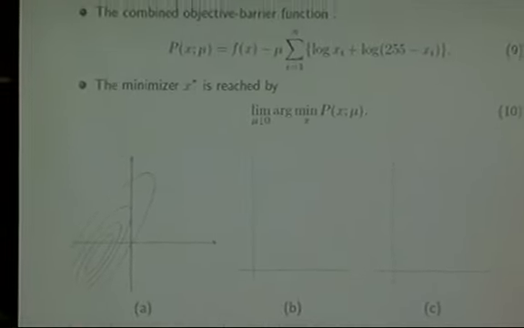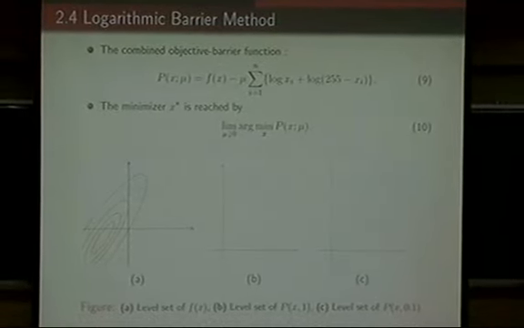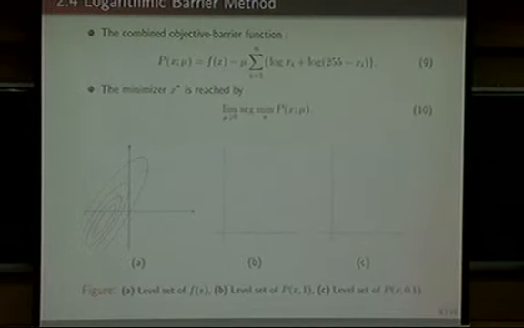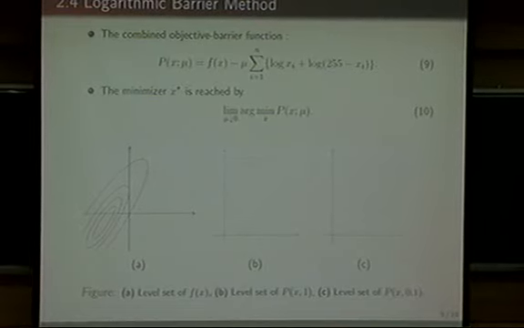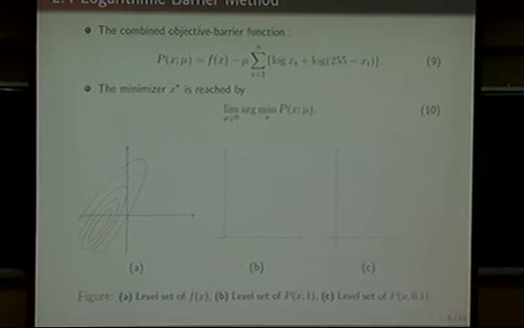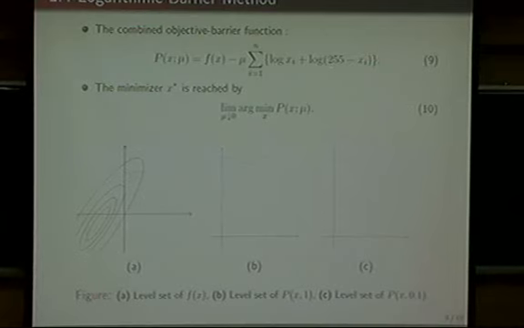Another one in the optimization world is the logarithmic barrier method. It's a really mathematical approach. We're going to minimize this f of x, and we have a constraint, so we put that constraint as terms in the minimization function. Here we have log xi and log of 255 minus xi, so both should be positive. This shows that the solution xi has to be between 0 and 255. We minimize this problem, and mu goes to 0.